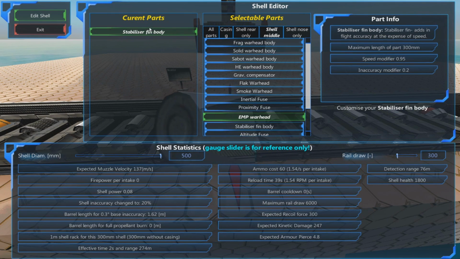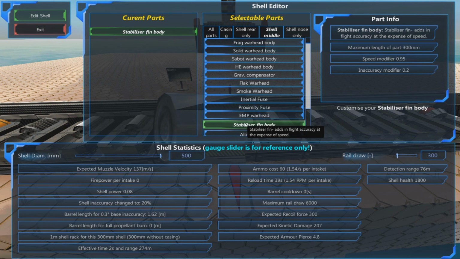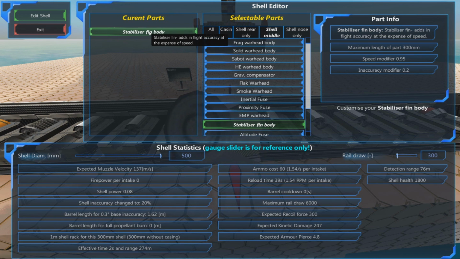And now we get to the stabilizer fin. This is another little thing that isn't as useful as it once was. It adds in-flight accuracy at the expense of speed. So, basically it makes the thing more accurate and slower. There's not much to talk about. Given how accurate advanced cannons are right now, you barely need any accuracy boosters at all, so this thing probably isn't going to get much love.